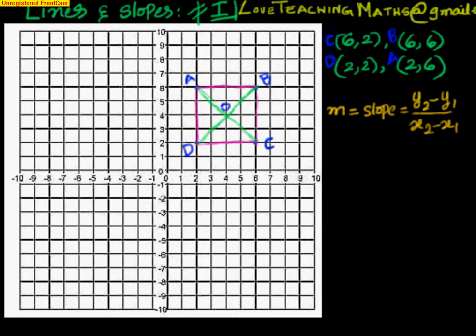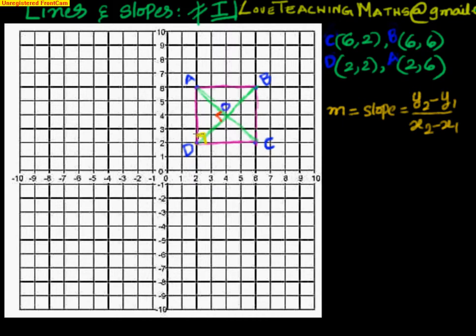So the idea of taking this example is, you are familiar with the square and you know that the properties of a square are that opposite sides are parallel and equal, and the consecutive sides are perpendicular to each other, because a square makes 90 degrees at all corners. And you are also aware that the diagonals bisect each other at 90 degrees.